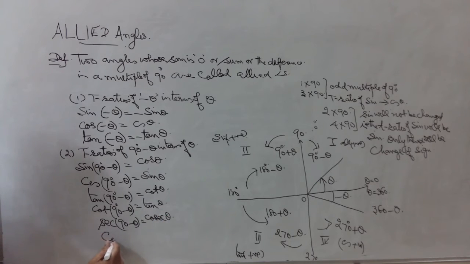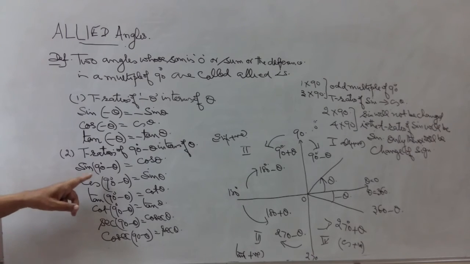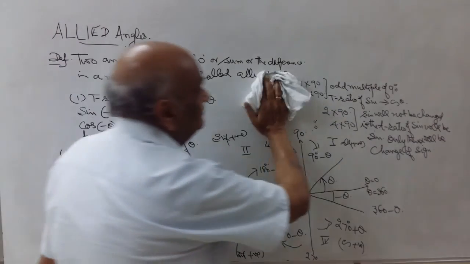Cosecant 90 minus theta will be secant theta. But all will be positive in this case. Now, if the t ratios of 90 minus theta are clear, we have the first quadrant, then immediately we can switch over to the t ratios of 90 plus theta.